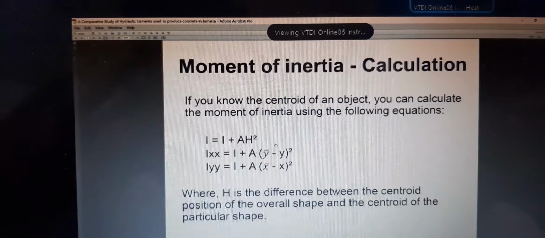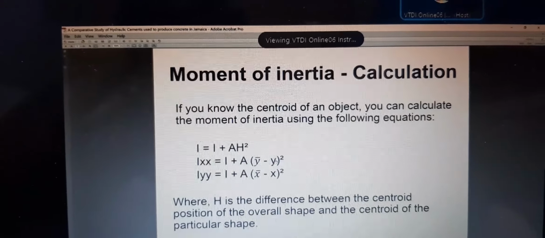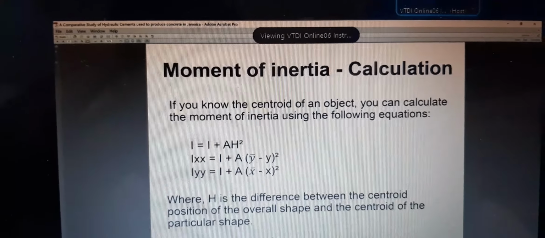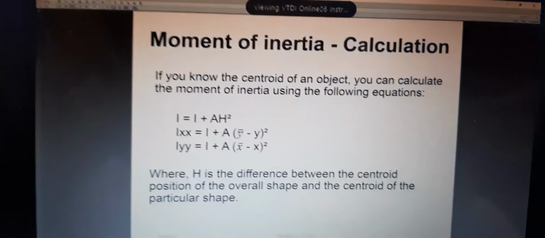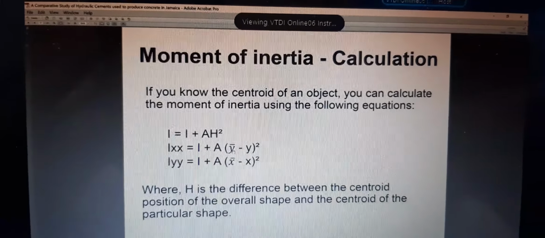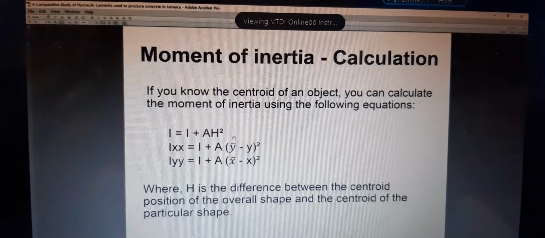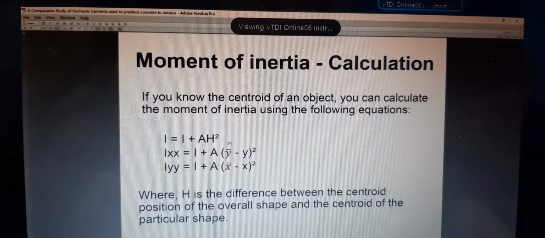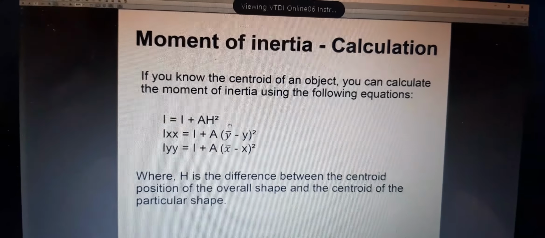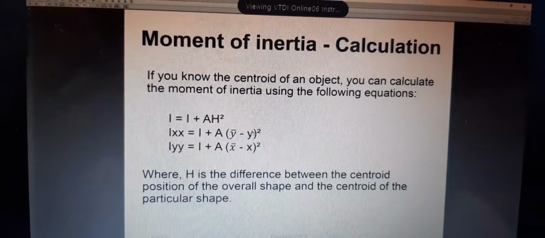For x, for example, you will see where you have y minus y. So this y, with the little bar at the top of it, is the overall distance you will move on the vertical plane to determine the center of gravity for the entire object. Now this one right here is the distance you will move in each section.